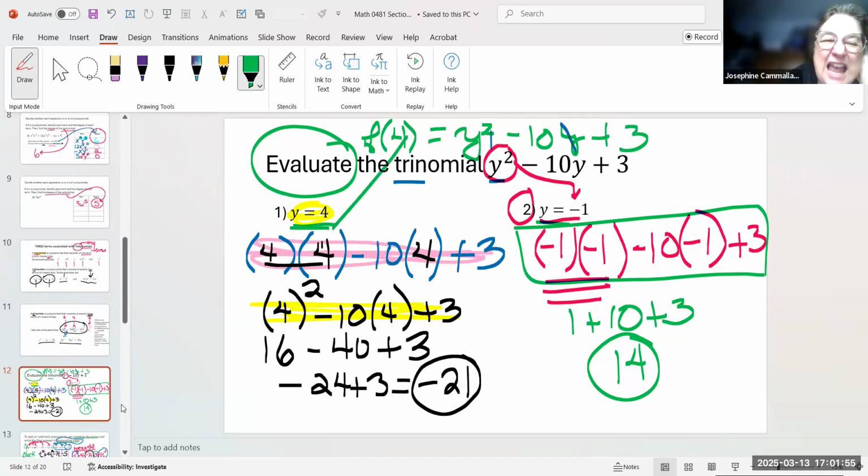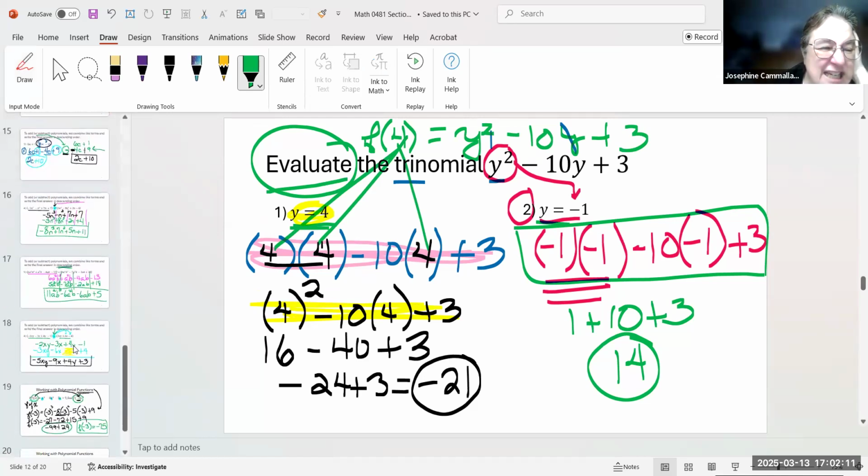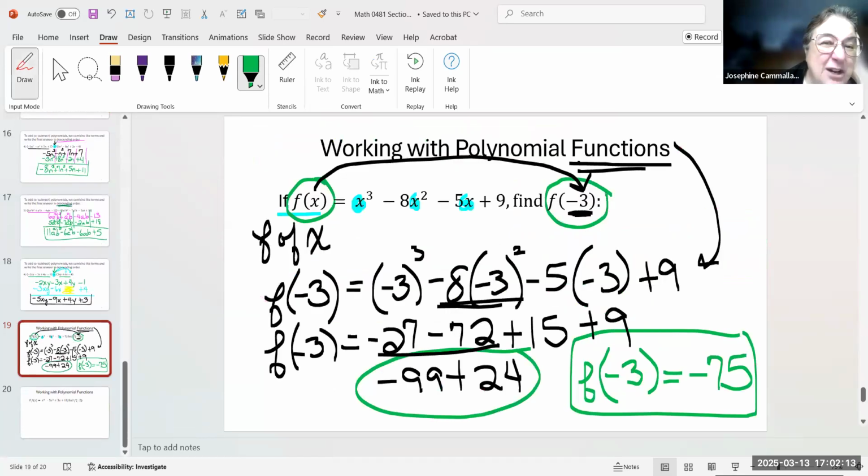This is saying every x or every y is 4. It's the same process, except here I use the word evaluate. Down here, I use this symbol of f of x.